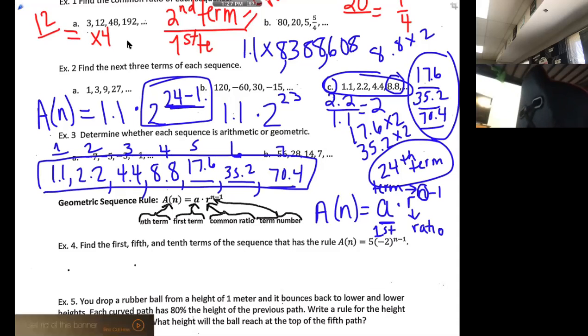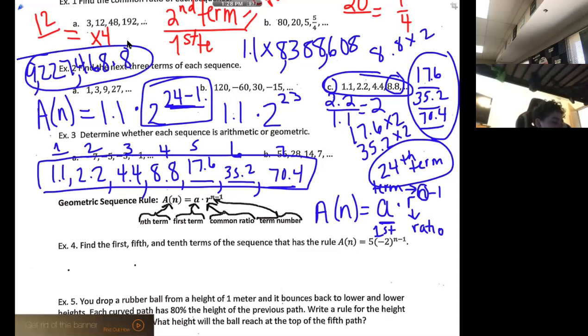You could have used scientific on this. So it's 9,227,468.8. Now, that formula saved us a whole lot of time over trying to multiply and getting those 24 terms out until we got to the 24th term.